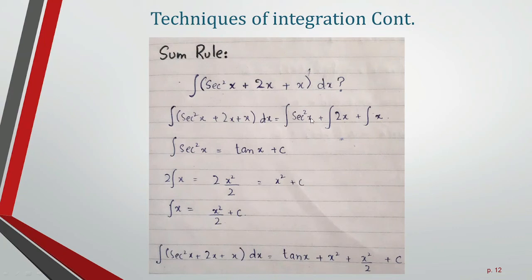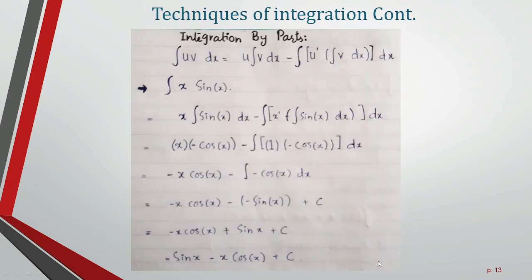So the integration of sec squared x is tan x plus c, the integration of 2x is x squared, and the integration of x is x squared over 2. Summing these values, we get tan x plus x squared plus x squared over 2 plus c.